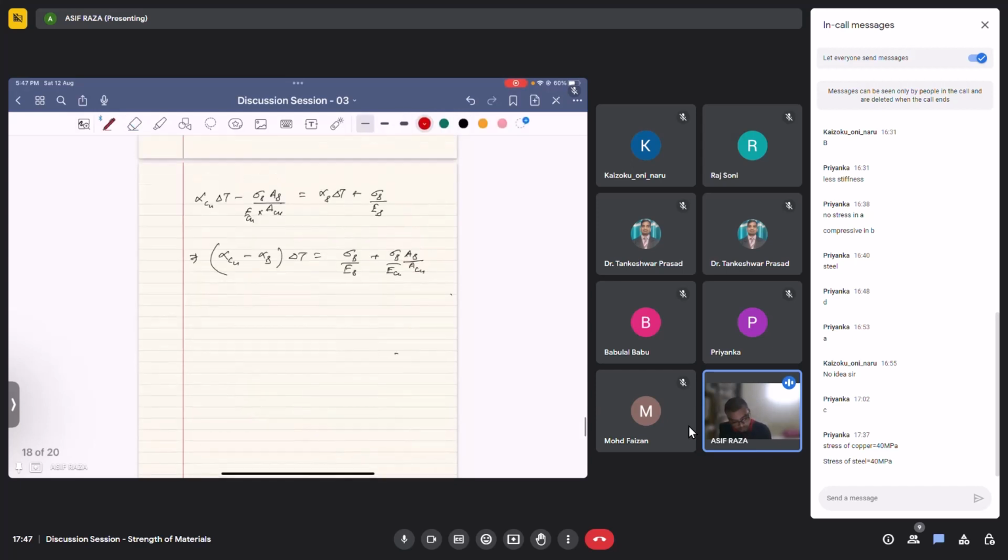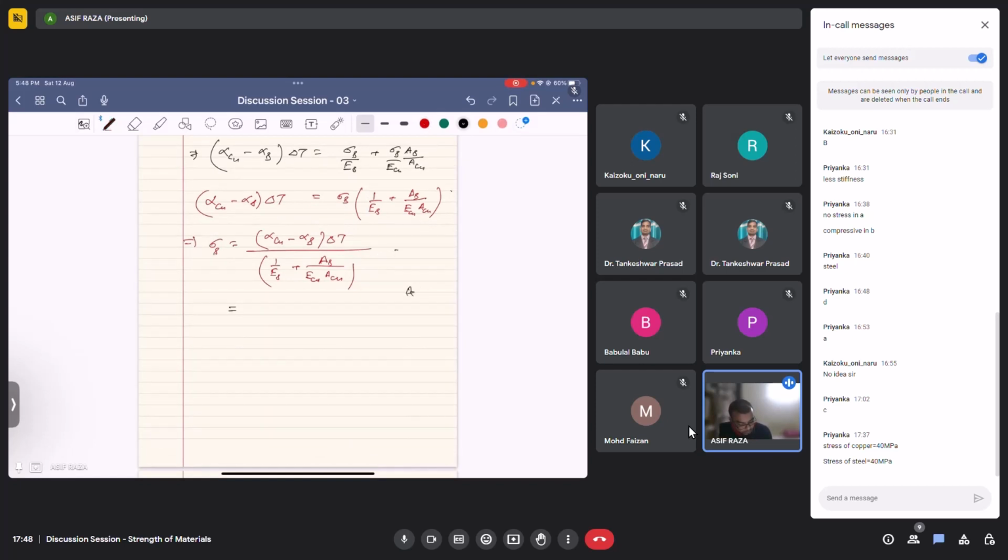Okay, let's do it step by step. I'll take sigma S common: 1 upon ES plus AS upon ECU ACU, times alpha Cu minus alpha S delta T. Sigma S would be equal to, I got my mistake, 1 upon ES plus AS upon ECU ACU.